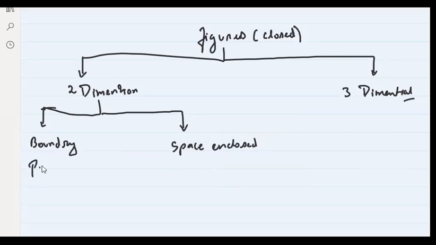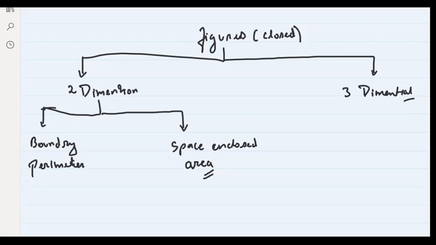Boundary is called perimeter, and space enclosed is called area. Got it, everyone? So for any two-dimensional figure, we have two types of measurement: perimeter and area.